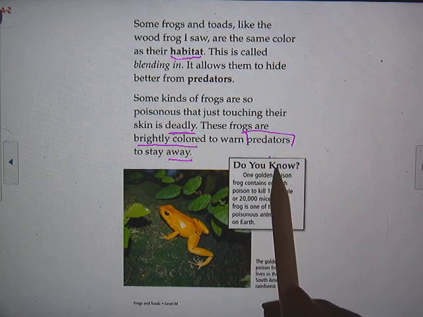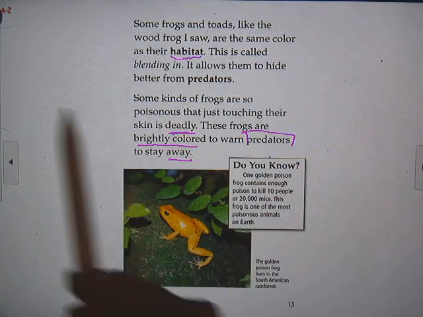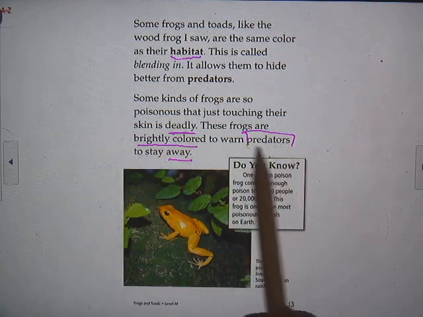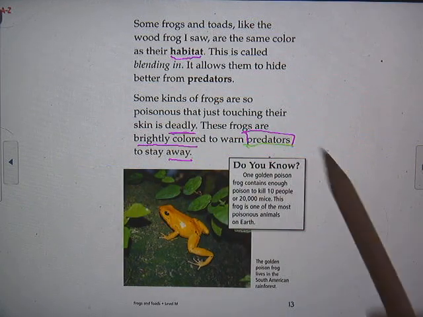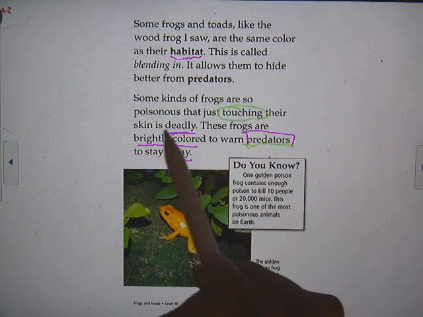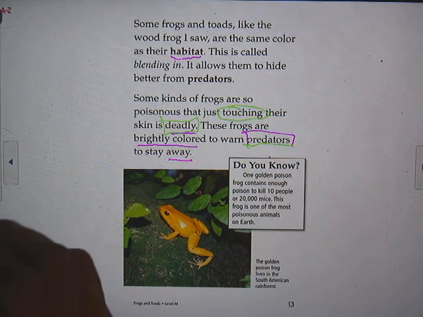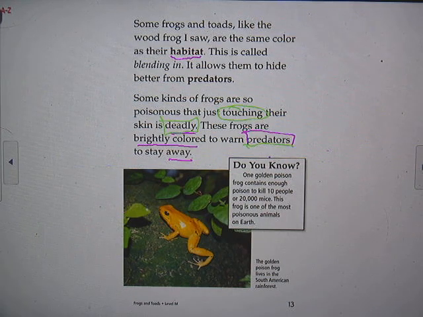So these predators want to attack the frog, but they are warned not to because the frogs are poisonous. And just by touching their skin, it's deadly. That means you would die if you touch their skin, and you don't want to do that.